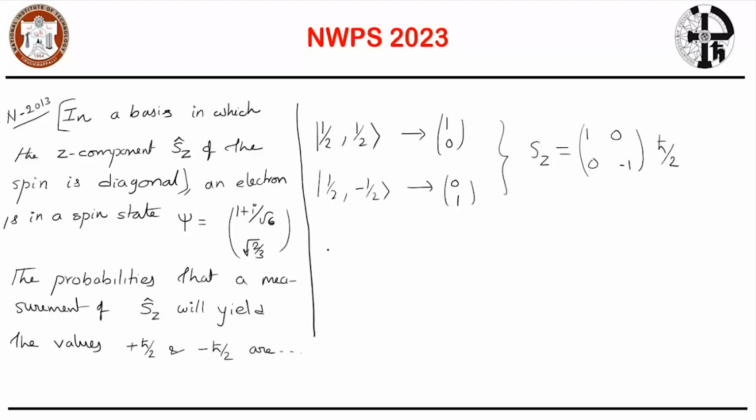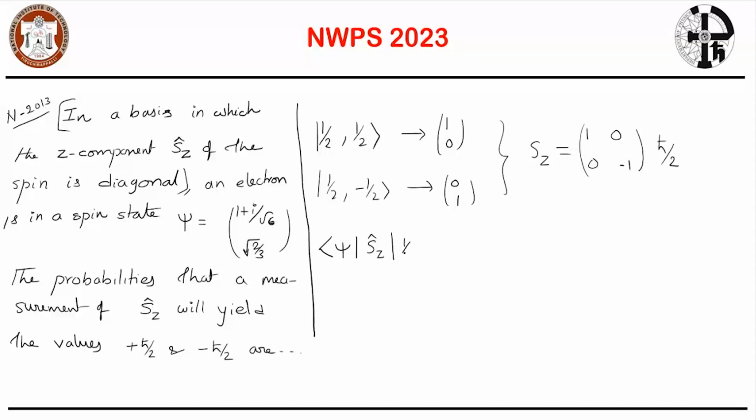Suppose there is a state psi and you're measuring Sz, and it should give you plus h over 2.